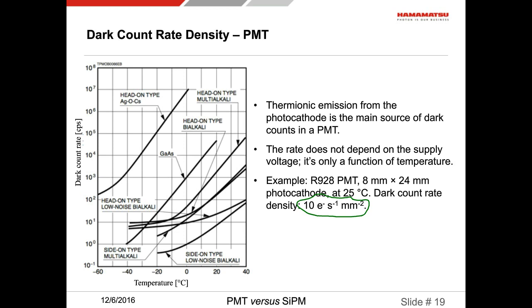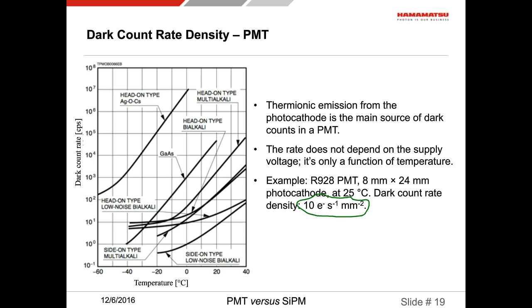Here is a plot of dark count rate as a function of temperature for various photocathode materials. We can see that these dark count rates can be quite small, on the order of just a few electrons per second at room temperature, as for example shown here, all the way to ones where you have millions of emitted electrons per unit area per second.